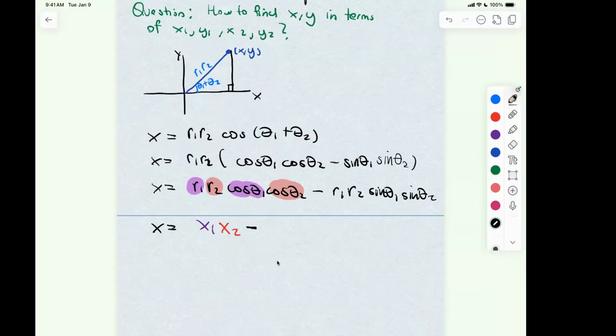Minus. And then R1 sine of theta1, that would be Y1, right? And then R2 sine of theta2, that would be Y2.